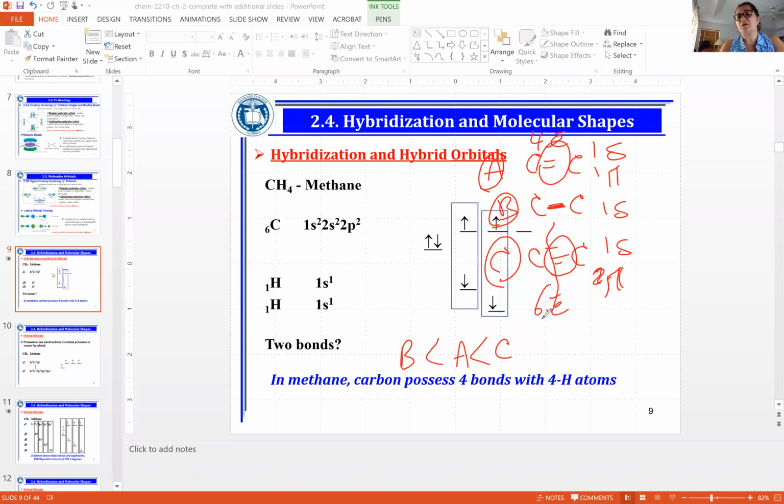So the stronger the bond, the shorter the bond. What does a bond do? A bond holds the 2 nuclei together. So if it's a stronger bond, the 2 nuclei are going to come closer to one another. So triple bond is going to be shortest, single bond is going to be longest, and the double bond is in between. And the more bonds, the less energy in the molecule.